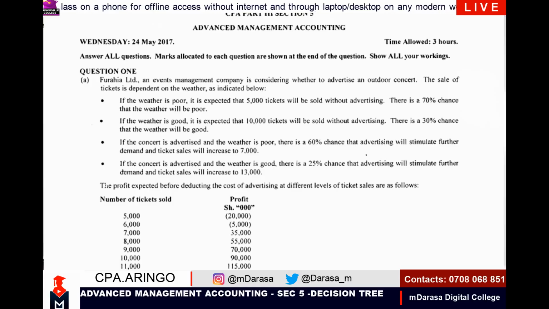That is in the event that we've done advertisement and the weather is poor. There's that 60% chance that this advertisement will stimulate our demand, and if it does, our tickets will increase to 7,000.